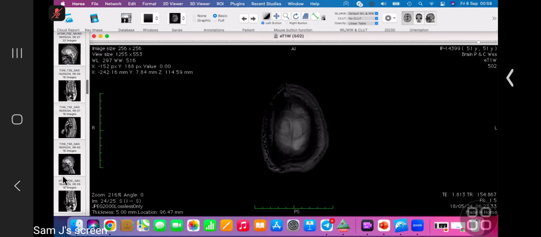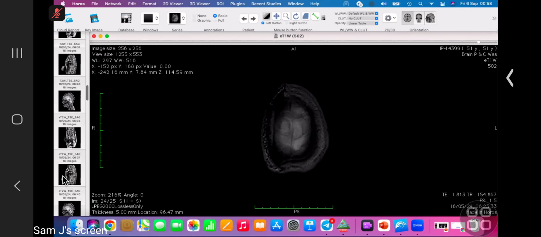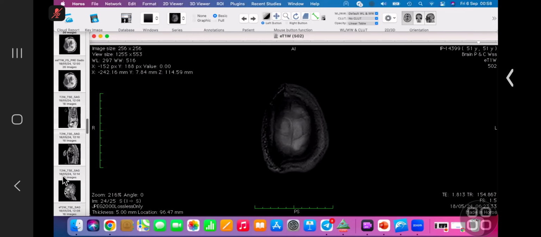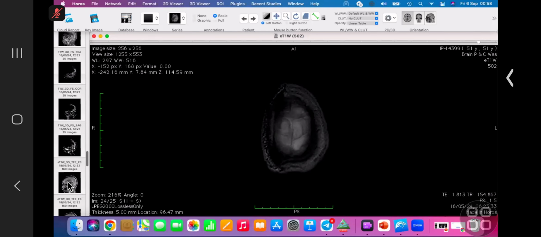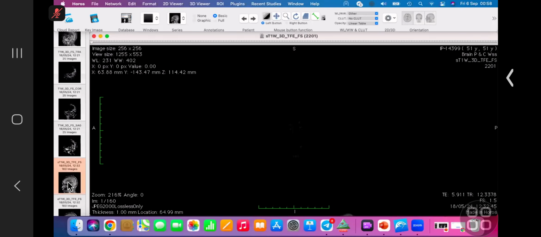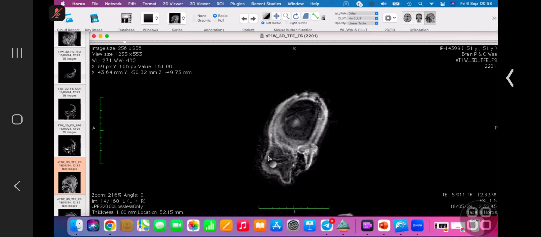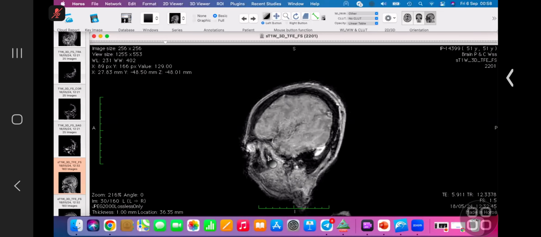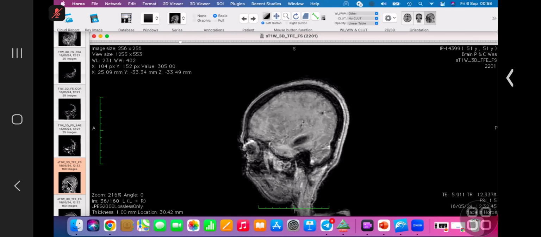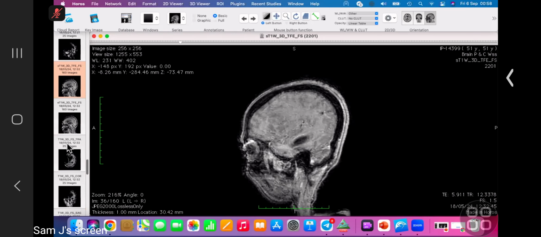We have done a contrast also. Let me just see if this is the correct sequence.